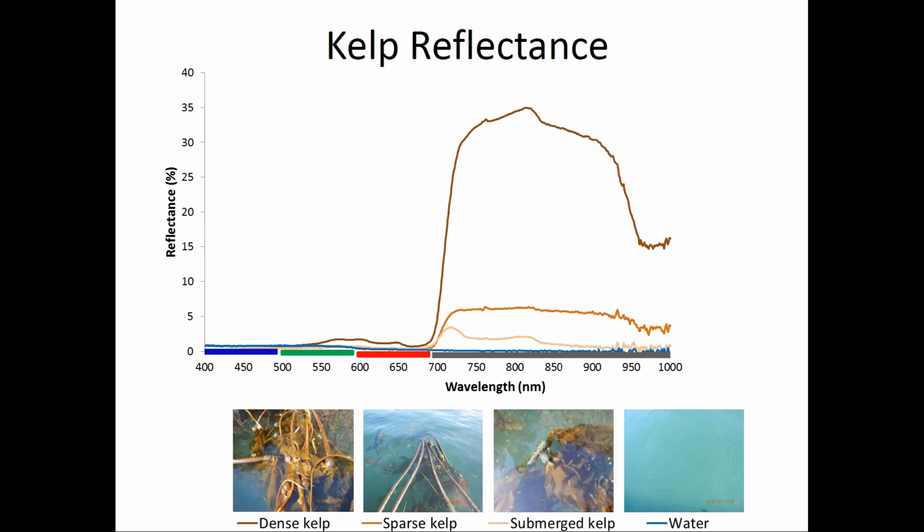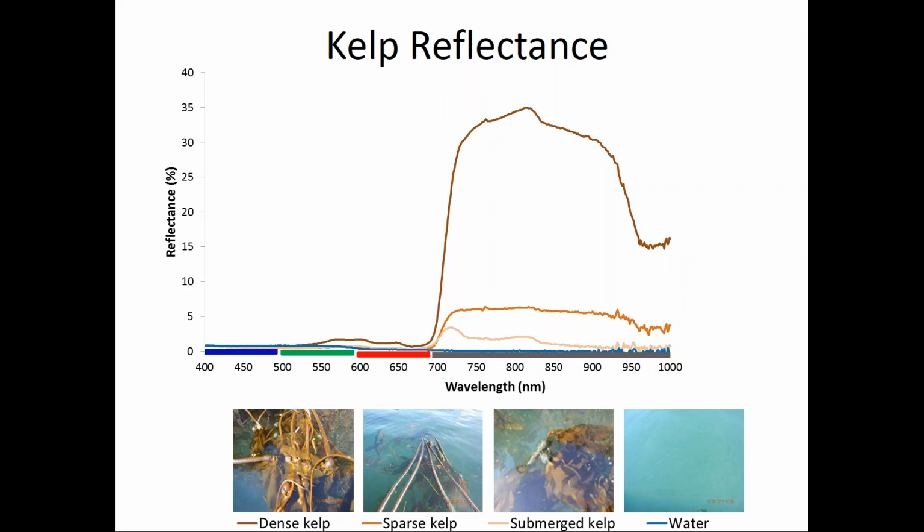And kelp, regardless of the density of it, shows higher reflectance in the infrared part of the spectrum. And if you have a very high density, such as the dark brown curve, you will see it will affect the end of the green and the beginning of the red spectrum due to the pigments on the kelp itself.